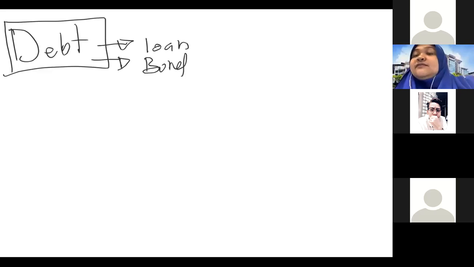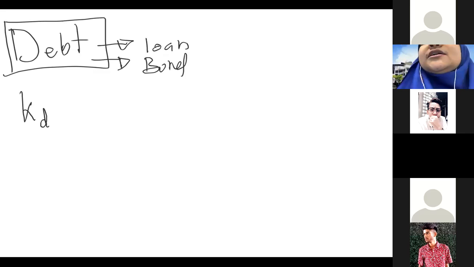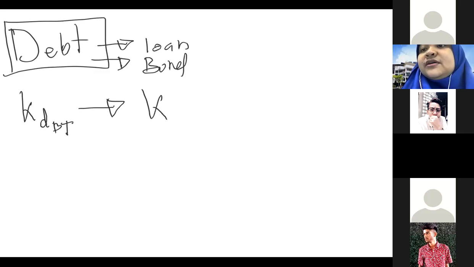If the question gives you a loan, you need to know the cost of the loan, the interest rate of the loan. That is the cost of debt. But that interest is the cost of debt before tax. You need to know the cost of debt after tax.